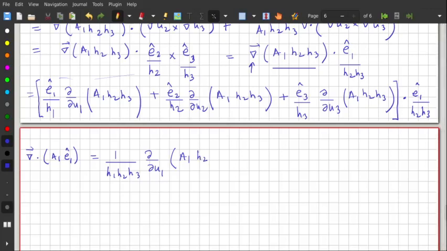Similar expressions we can have for the other components.